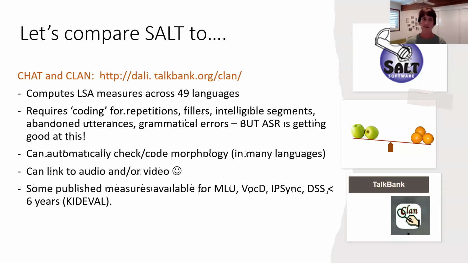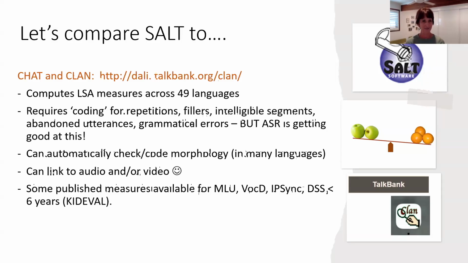But ASR is getting very good at this. They've got Batchalign, as I've just pointed out, that will do a lot of the hard work for you. And it can automatically check and code morphology in many languages once you've got it into that CLAN program. You just run another little program on it. It takes a little while to get your head around it.